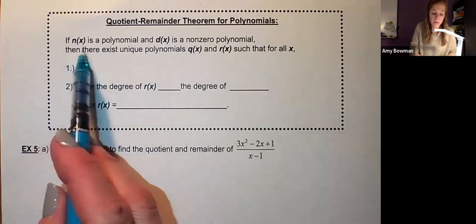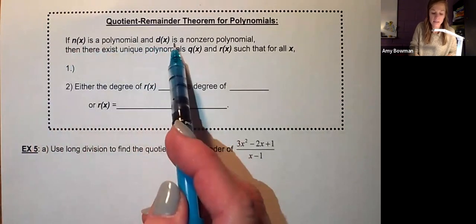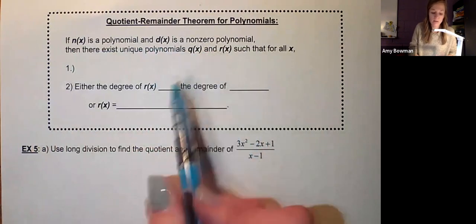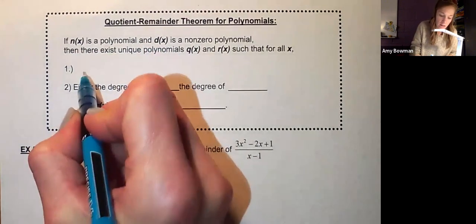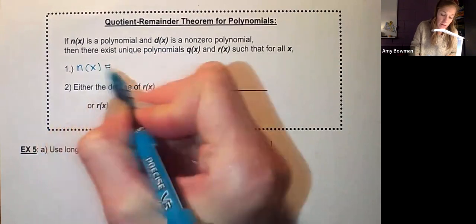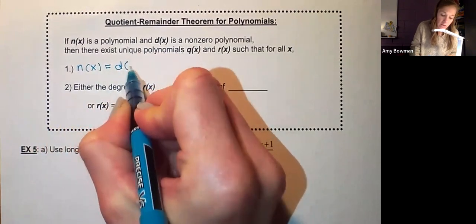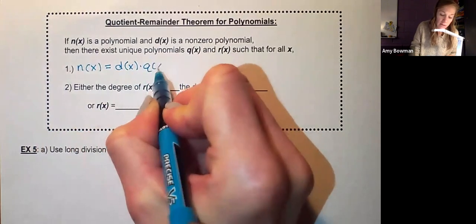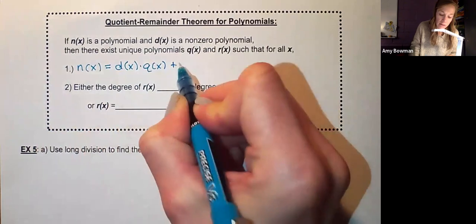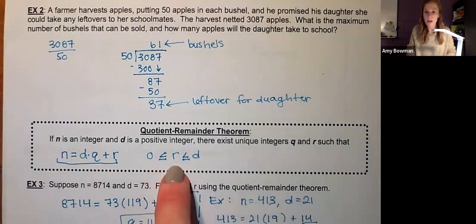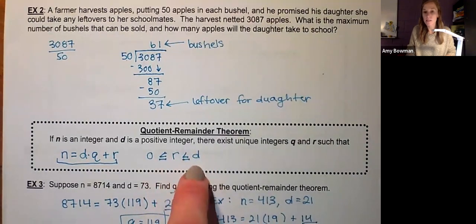So for every polynomial n of x and d of x, as long as d of x is not 0, there exist unique polynomials q of x and r of x such that n of x, that original polynomial, can be broken down as the divisor d of x times the quotient polynomial q of x, plus some remainder r of x.